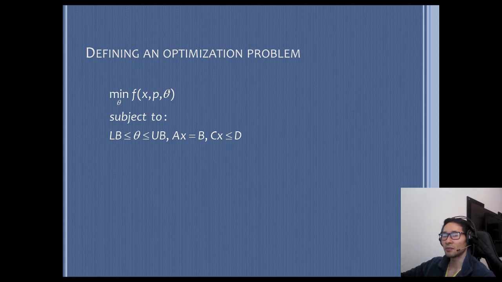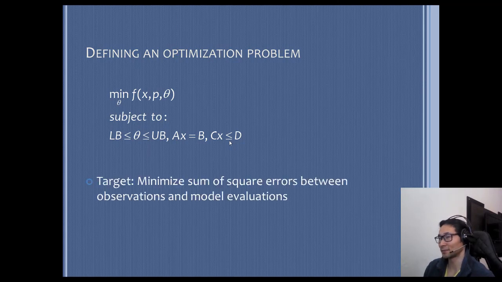The decision variables are the actual variables that the algorithm will change in order to reach the optimization goal, subject to bounds on the decision variables and some additional relationships and equations. So this is a generic representation of an optimization problem. But our scenario for now is much simpler than this.